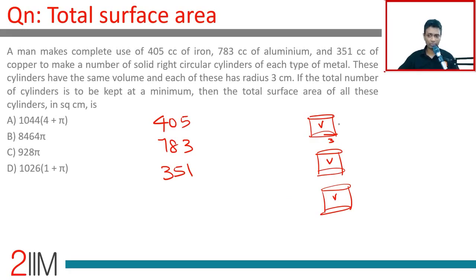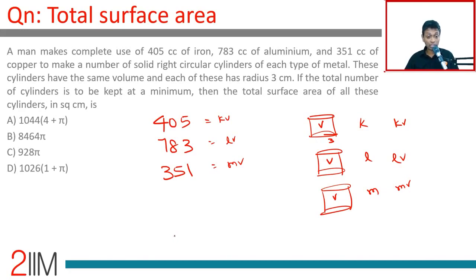Suppose each of these has the same volume. Let's say there are K of these, L of these, and M of these. Total volume of all iron cylinders put together would be kV. This would be LV. This would be MV. Or K into V equals L into V equals M into V. Or V, the volume of each cylinder, is a factor of 405, 783, and 351.